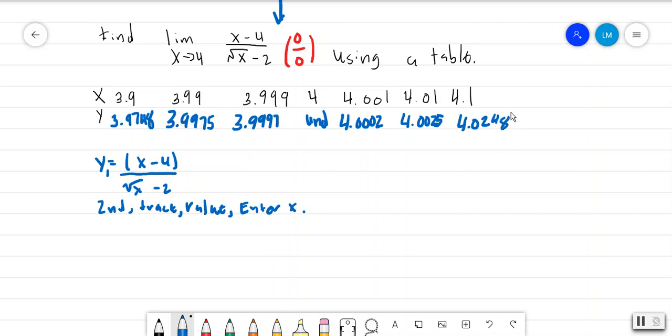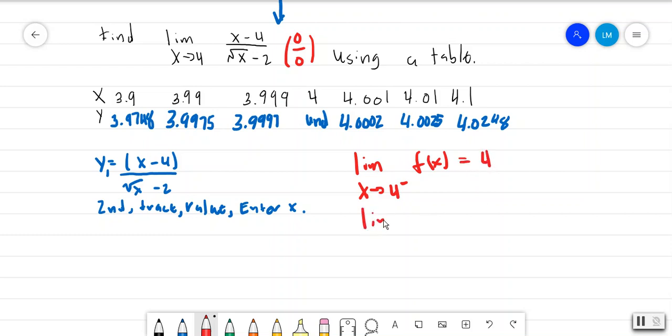Now, the whole point of this is so that you can look at this and say, well, based on what we found, we know that the limit as x approaches 4 from the left side for f of x, we'll just call this expression f of x, equals 4.